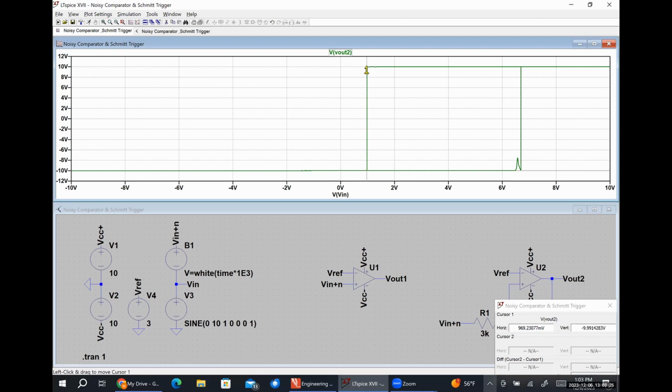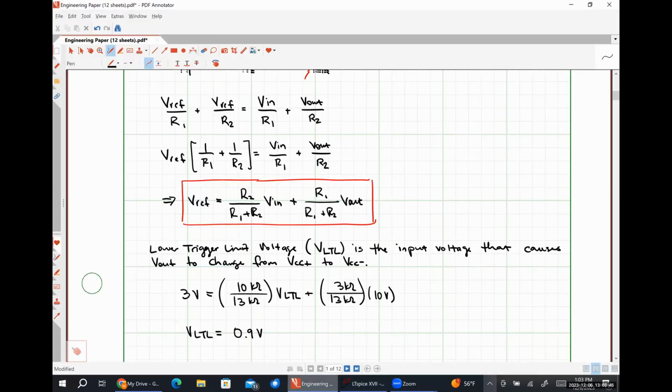My horizontal cursor is at 969.231 millivolts, so 0.96 volts. It's not spot on because of the assumptions that we've made, but it's pretty close. So now let's calculate our upper trigger limit voltage.